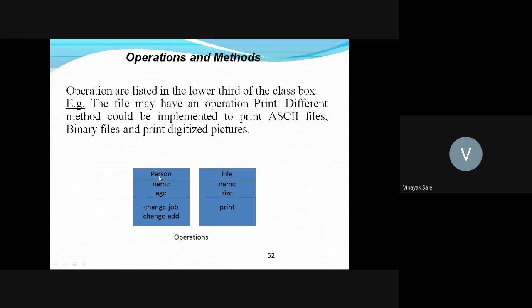So here Person is the name of the class, name and age are the attributes, and change job and change address are the operations of that class. Similarly, File is the name of the class, name and size are the attributes, and print is the operation of that class.